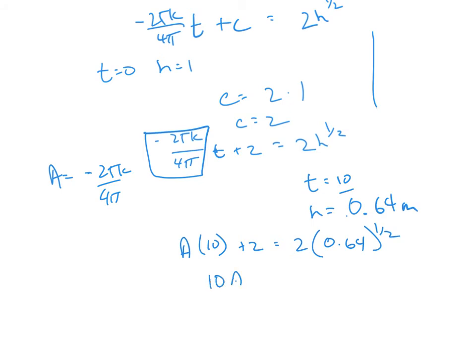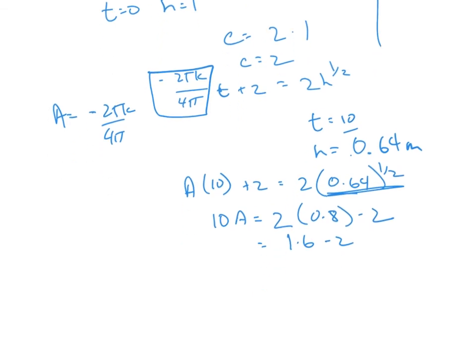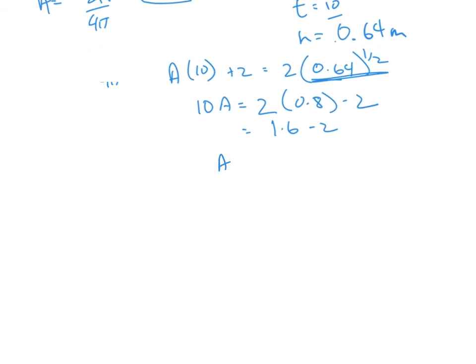Well, 10a is equal to 2 times this here, which is 0.8, subtracting the 2 over from here, that's 1.6 minus 2. And so a will be 1.6 minus 2, dividing it by 10. A will be negative 0.04.